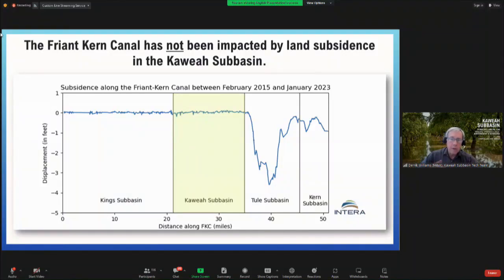Not only is it consistent with historical rates, it's also what the GSAs agreed to with the Friant Water Authority, and the GSAs are going to coordinate the subsidence monitoring with the Friant Water Authority to ensure that the Water Authority's expectations are being met along the canal.